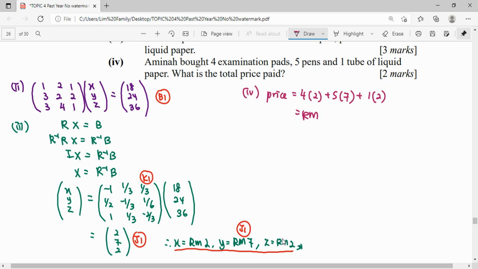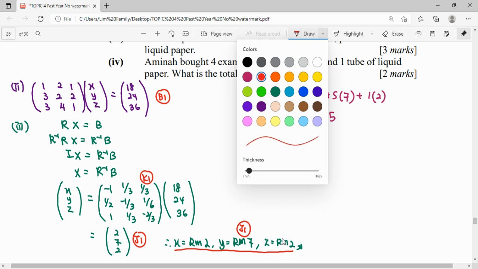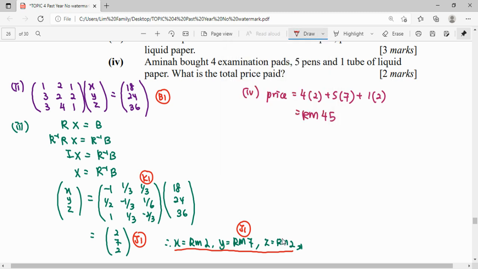So it will total up. You need to pay 45 ringgit. So this is how we applied our answer X, Y, Z to find the solution for this situation.